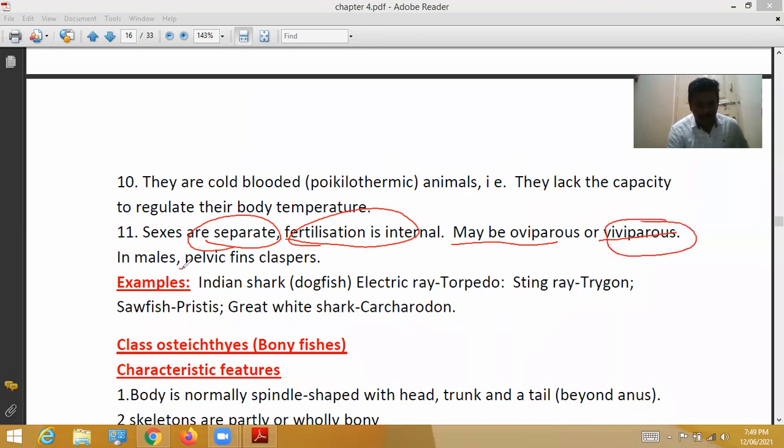In males, the pelvic fins bear claspers. Claspers means what? Pelvic fins means what?